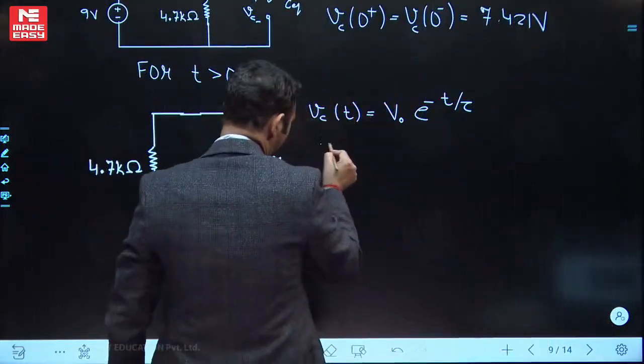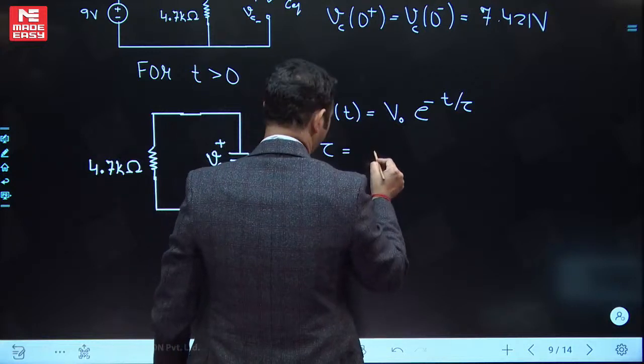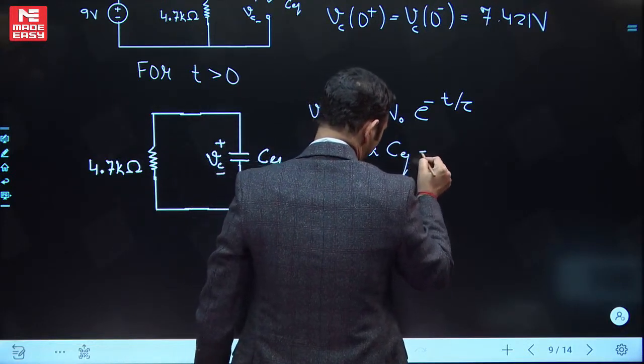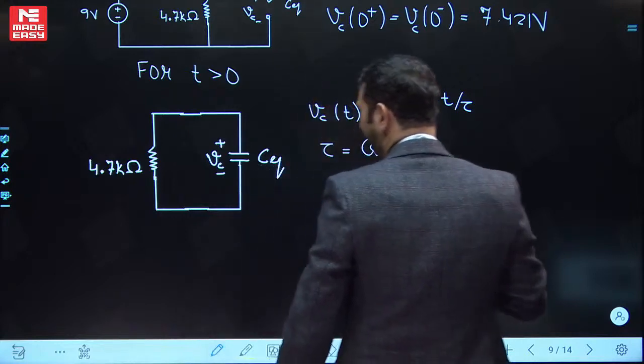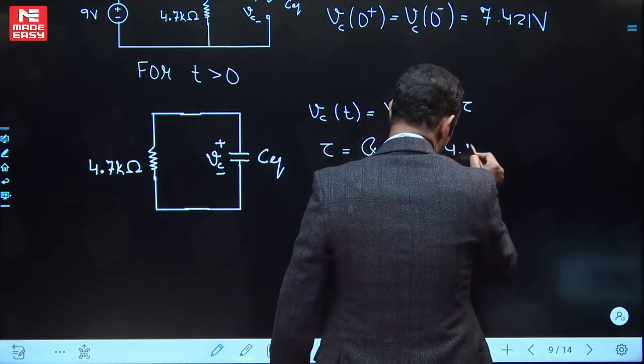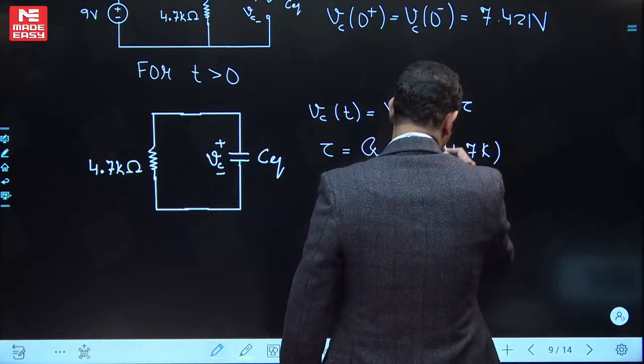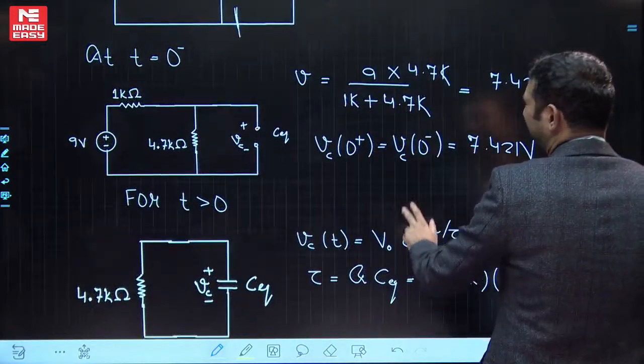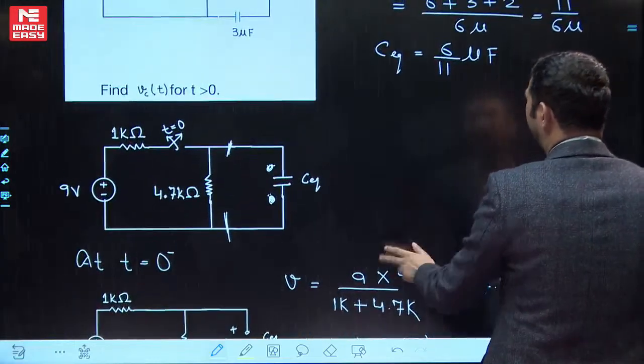Now next we need is the time constant. Time constant will be R into C equivalent. Resistance is 4.7K into C equivalent, that was 6 by 11, let me check, 6 by 11 microfarad.